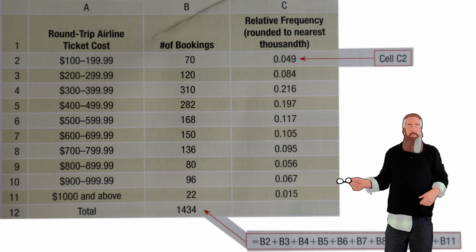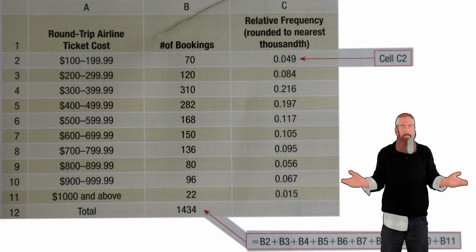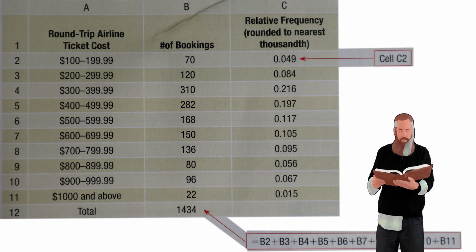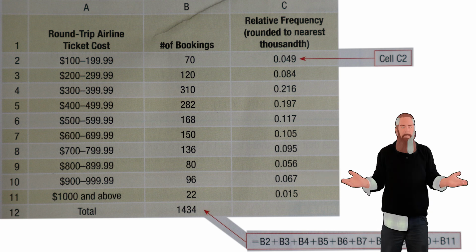The frequencies in cells B2 through B11 have been input by hand. All of the other entries have been calculated using spreadsheet formulas. The entry in cell B12 is the sum of the frequencies in cells B2 through B11. A formula can be stored in cell B12 to calculate the sum.